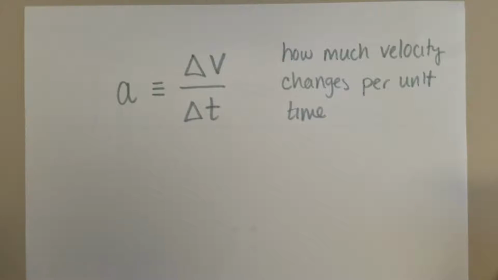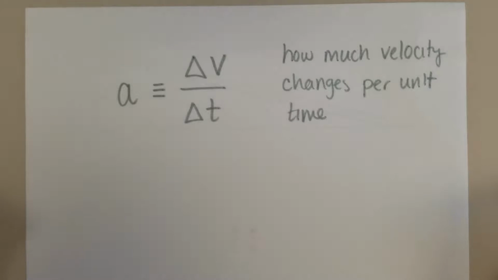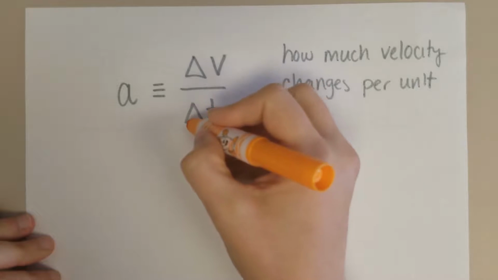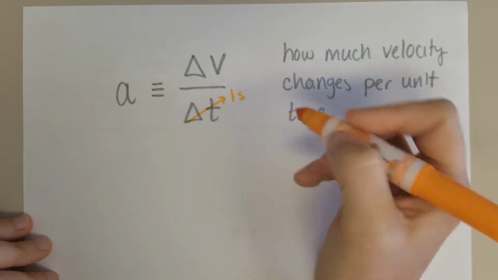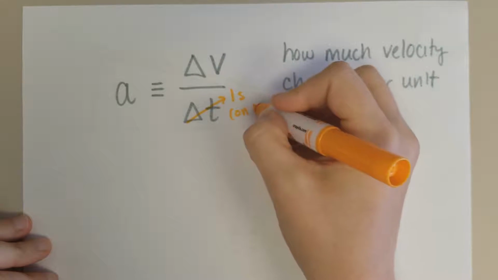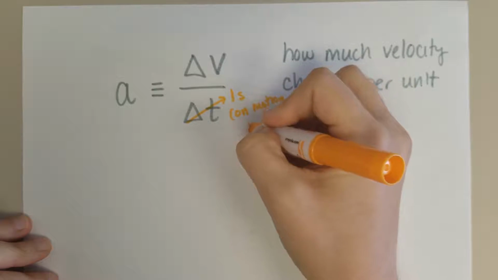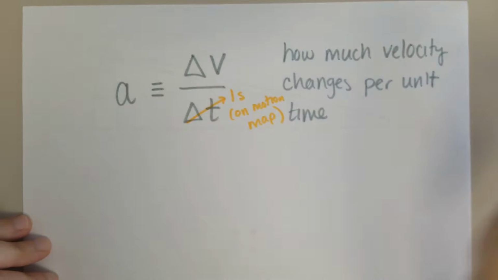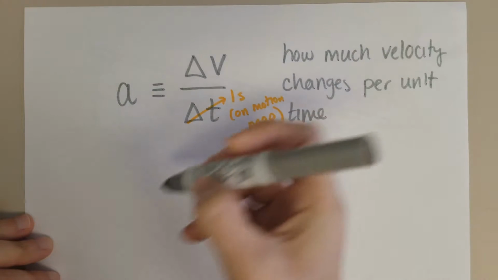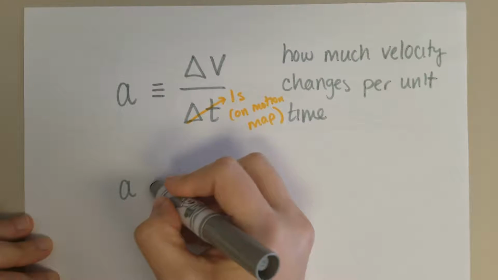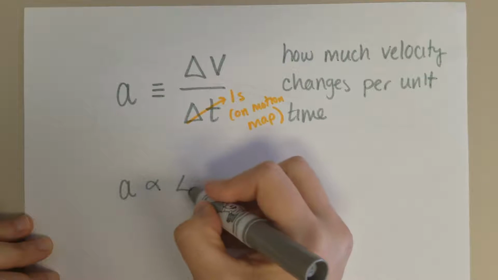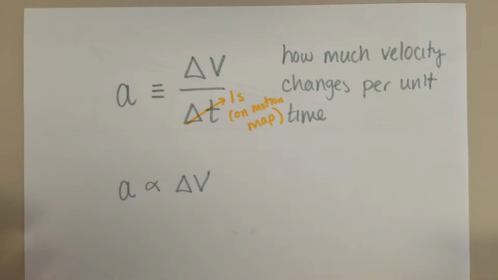Now, because on motion maps we usually draw our dots 1 second apart in time, it's basically like the bottom of that equation is 1 second on a motion map. So we're really just going to be drawing arrows for acceleration to show that acceleration is proportional, or in this case, if it's 1 second, equal to the change in velocity that the object experienced.